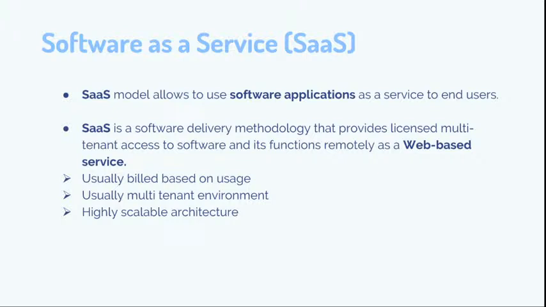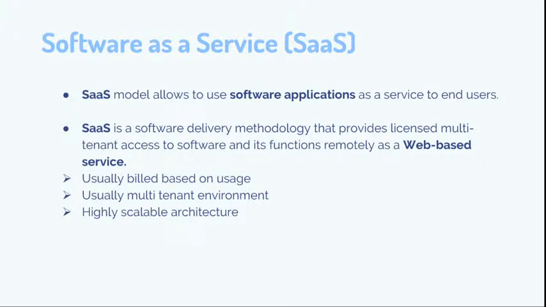Software as a service means software applications. You can access only applications, like email or Gmail, or Google Drive. They give you the software, and you can just send mail from one user to another user.